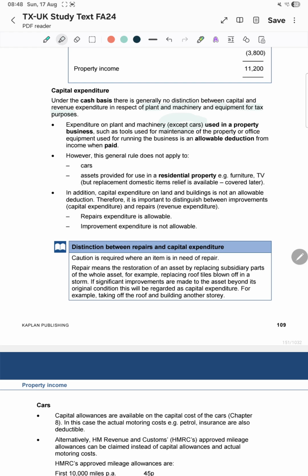So, capital expenditure on cars is not treated here, but expenditure on plant and machinery will be allowed here. But then we saw that there were certain assets provided in the residential property, like furniture, TV, which will not be covered here. The general rule of capital expenditure being deducted will not apply to cars, and assets provided in residential property like furniture, TV will not be allowed, but replacement of these items will be allowed.